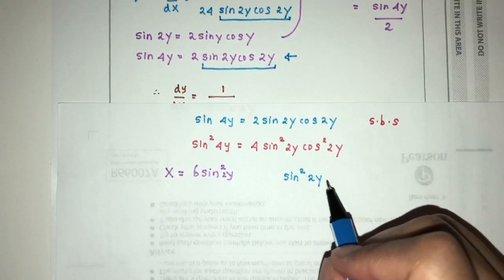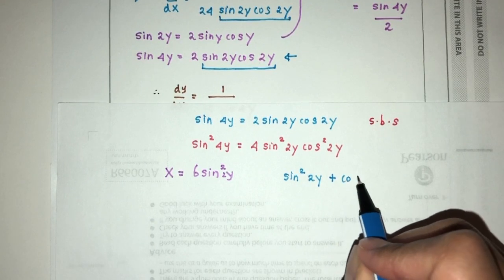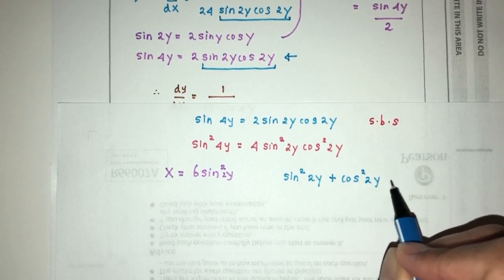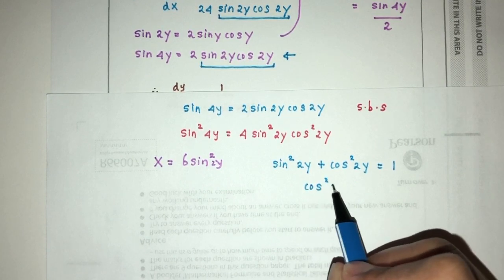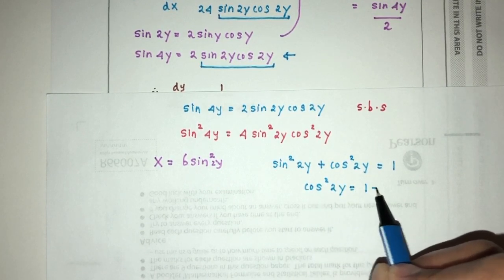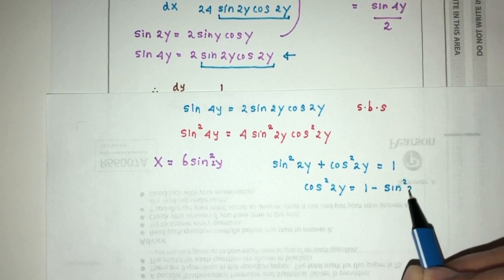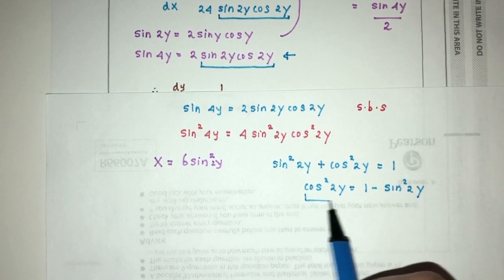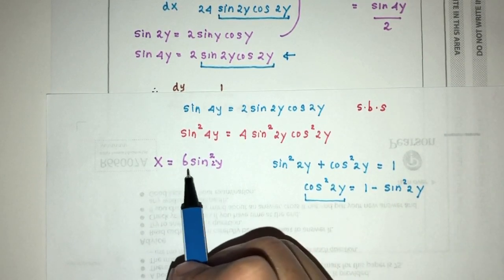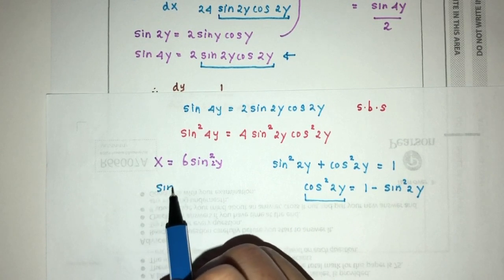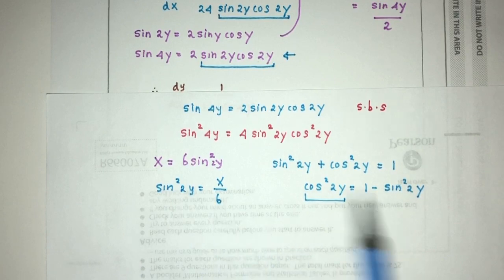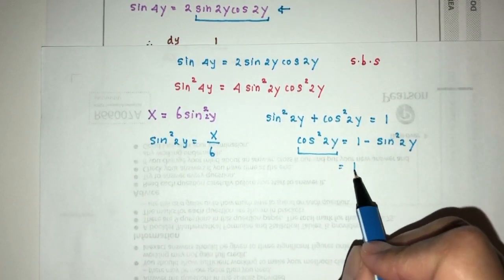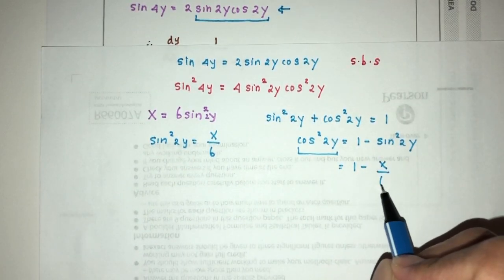So we know from the list of formula that this plus cos square 2y has to be the value of 1, which means cos square 2y has to be 1 minus sin square 2y. So let's find this as well. Sine square 2y has to be x over 6, and cos square 2y will be 1 minus x over 6.